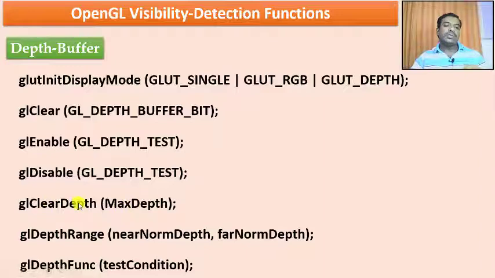If you don't use this, by default it is 1. And the depth range, by default, is 0 to 1. If you want, you can change this. And when I say glDepthFunc, the test condition: in the algorithm I was discussing, if the new z value is less than the available z value in the depth buffer, I need to update. Hence, the condition I was using is less than.